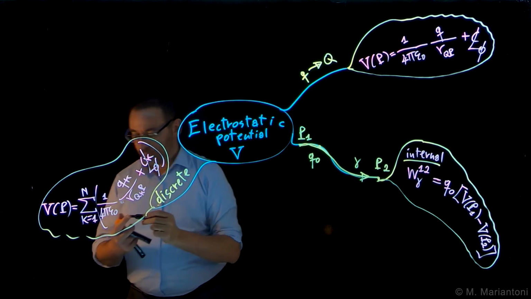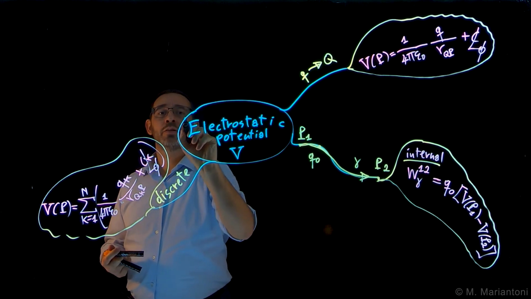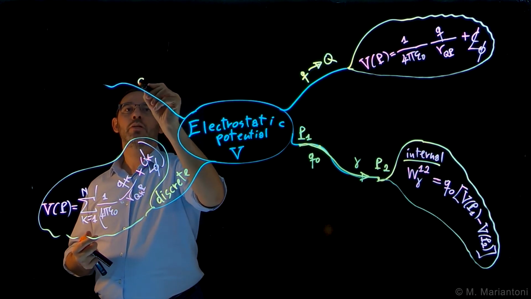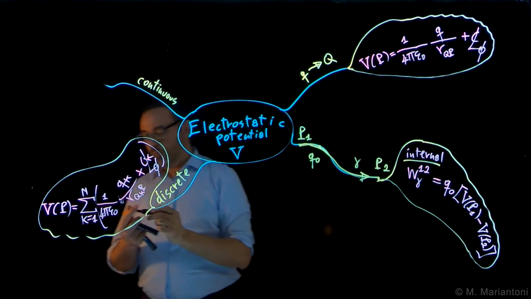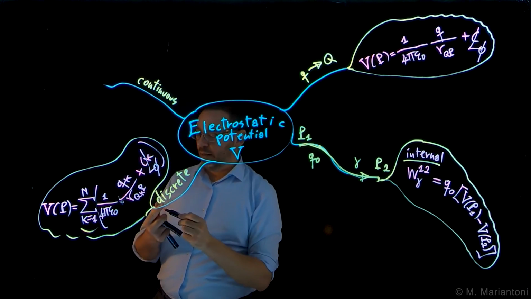So this is the case of a discrete charge distribution. The other case is that of a continuous charge distribution. So if you have a continuous charge distribution, we simply need to move from a sum to an integral.